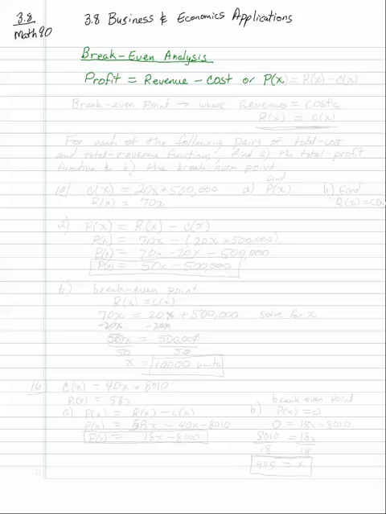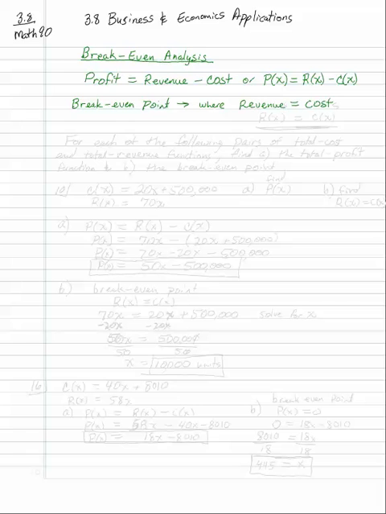So P of X is our profit function, and R of X is our revenue function, minus C of X, our cost function to produce X units. We know profit is revenue minus cost.